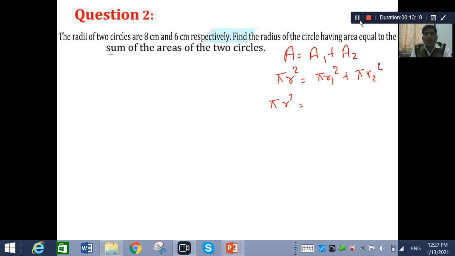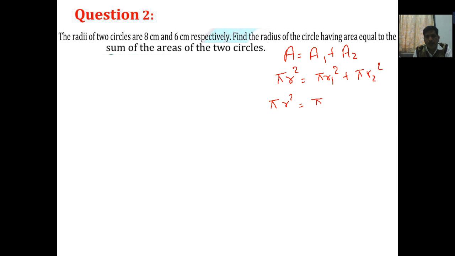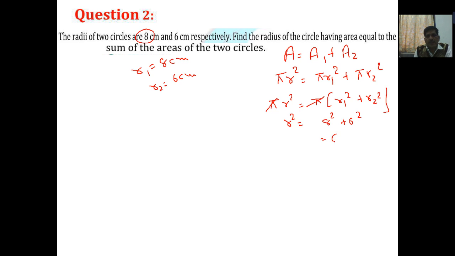Now if I make pi common, then pi r square is equal to pi times r1 square plus r2 square, this pi cuts. Here r1 is equal to 8 centimeter and r2 is equal to 6 centimeter. So 8 square plus 6 square, that is 64 plus 36, that is 100.